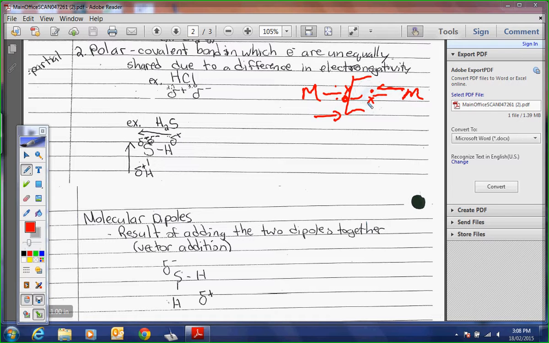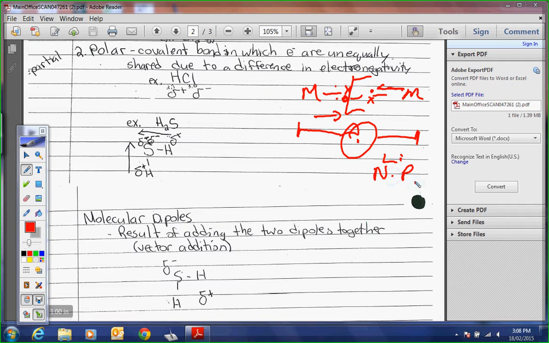Is this awkward seesaw, where I've got one person here, another person here, and a big fat elephant in the middle, going to move? No. So if it's linear, no movement. Or in other words, we would say non-polar.